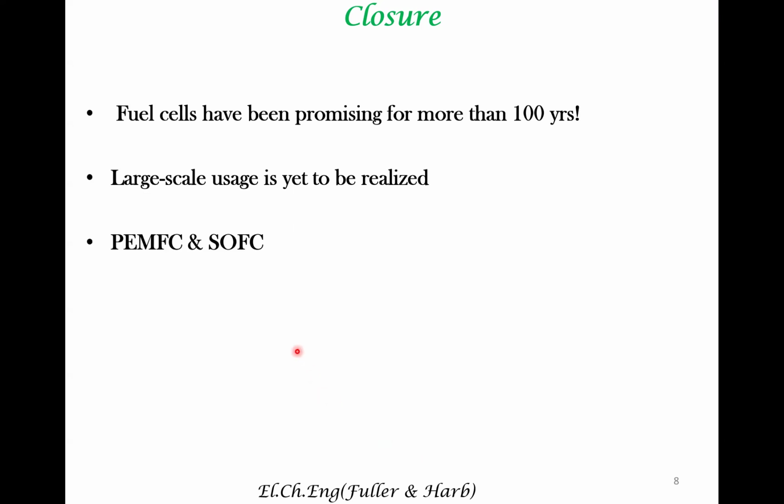There are two classes of fuel cells which we discussed, and there are different challenges associated with either class of fuel cell. The PEM fuel cell has the challenge of expensive electrocatalyst and expensive electrolyte, let's say the Nafion membrane.